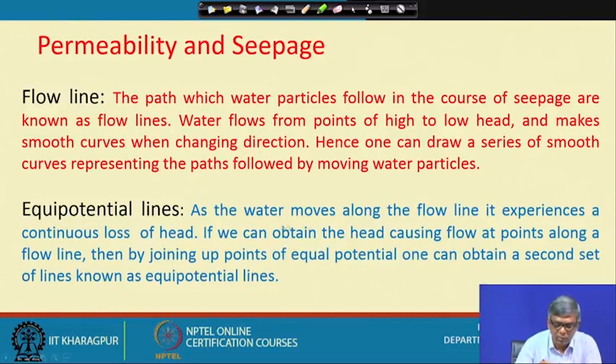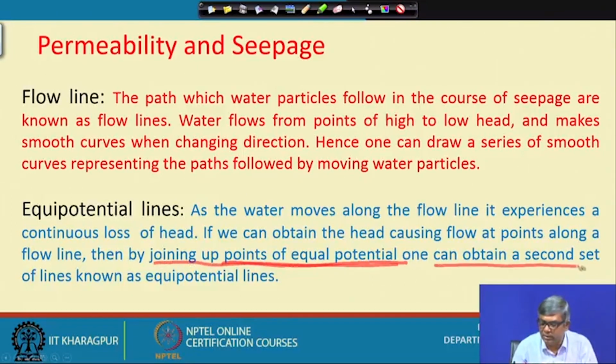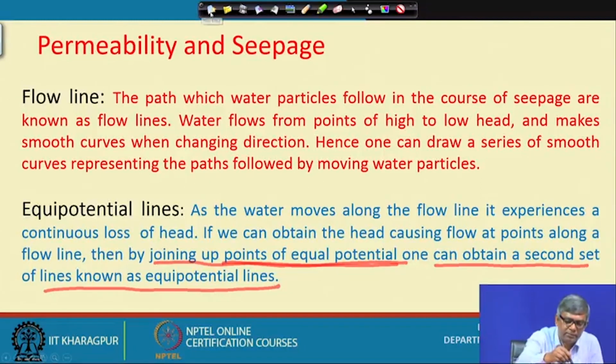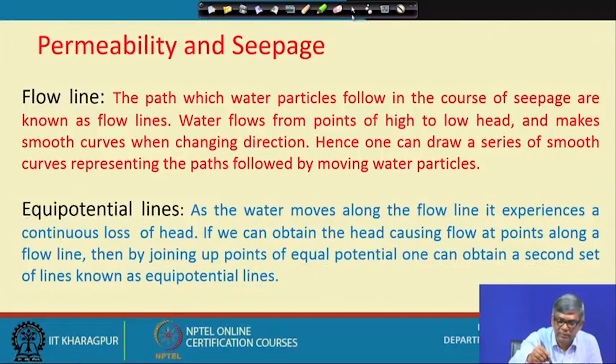As the water moves along the flow line, it experiences a continuous loss of head. If we can obtain the head causing flow at points along a flow line, by joining the points of equal potential, one can obtain the second set of lines known as equipotential lines. So, these two, flow lines and equipotential lines, one can get, and that is the definition of flow lines and equipotential lines.